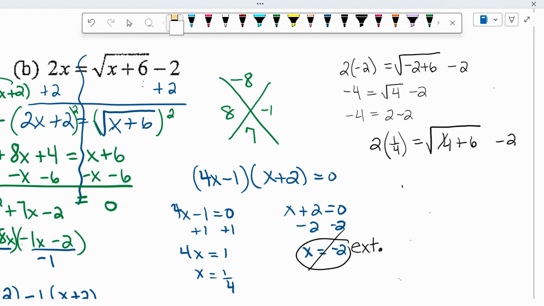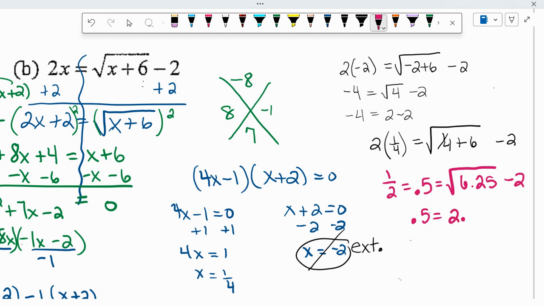I'm going to write it as 0.5 because that'll help you on the other side. 6 plus 1/4 is really 6.25 minus 2. Take the square root of 6.25 in your calculator. What is the square root of 6.25?